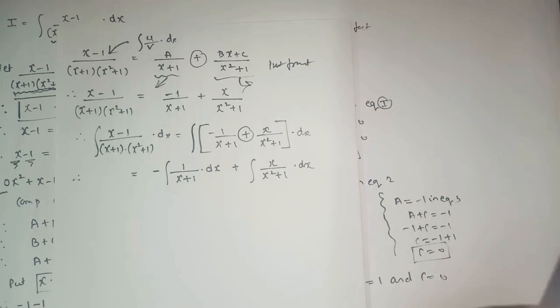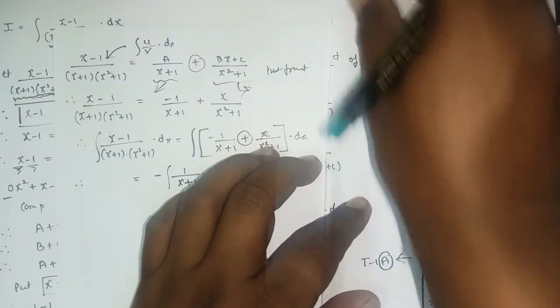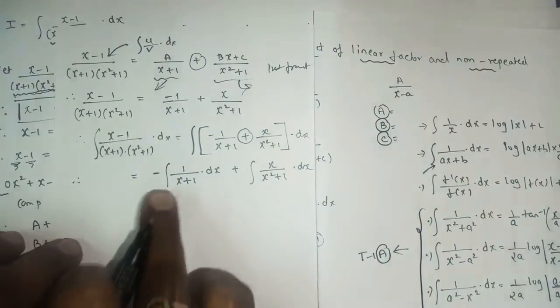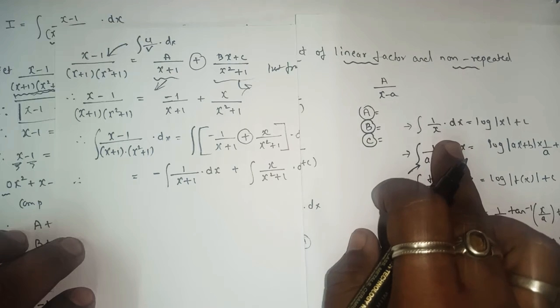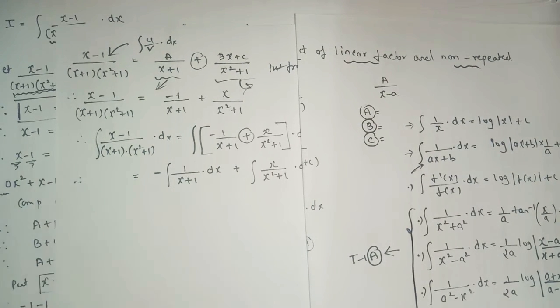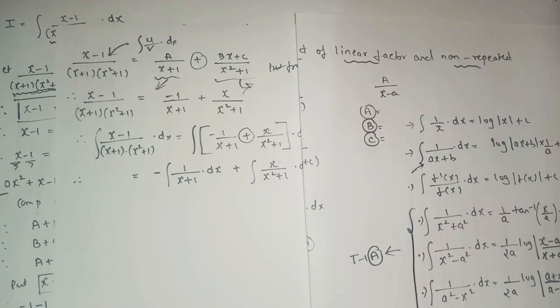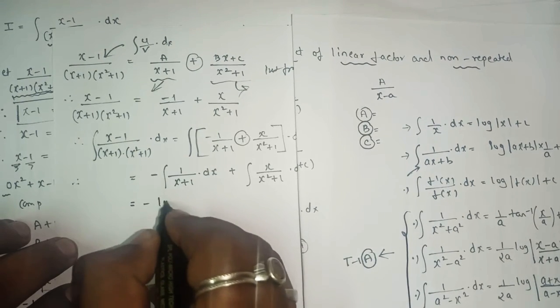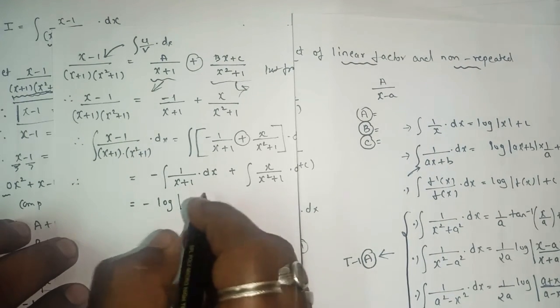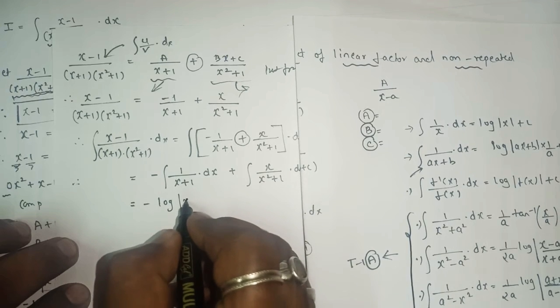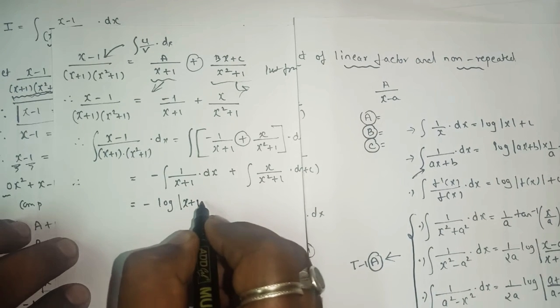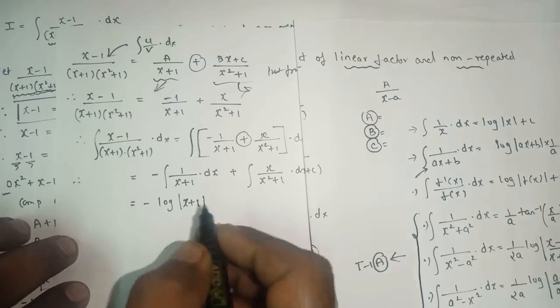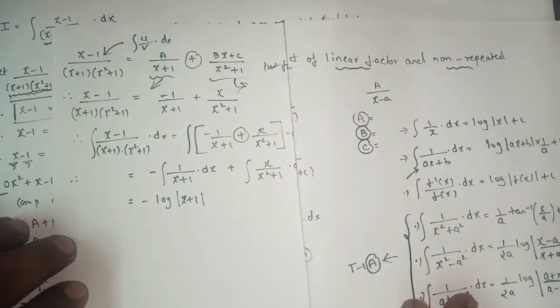Clearly we can see that for the linear factor we use this formula, yes or no? Integration of 1 upon x into dx is what? Log mod x plus c, yes or no? So here directly we can write this as minus log mod x plus 1. We cannot write plus c here because we have one more integral function.